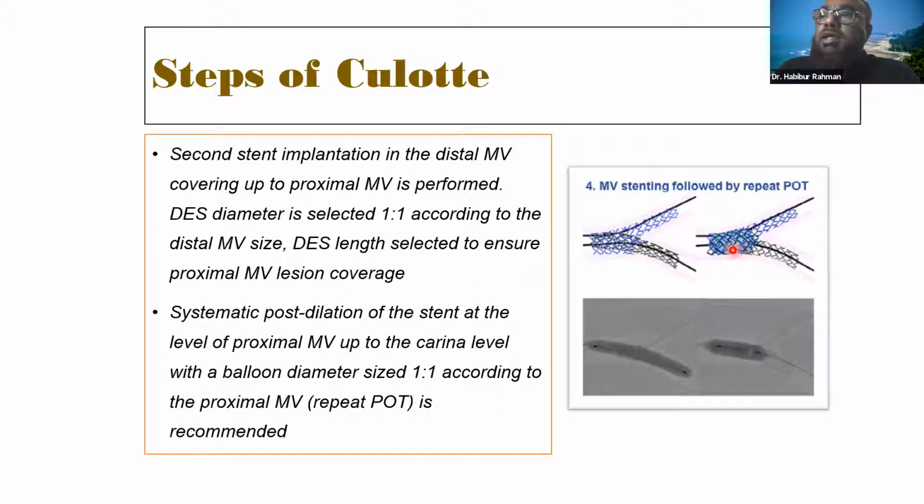It may be the same as the proximal segment of the previous one, or maybe shorter in case of mini Culotte. So systematic post dilatation of the stent at the proximal main branch at the level of the carina is to be ensured by an adequately sized balloon that matches the proximal main branch size.